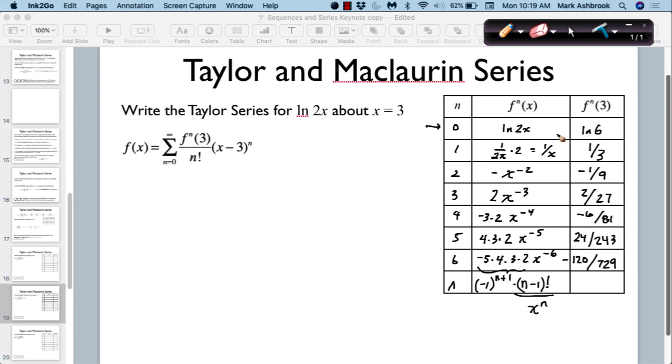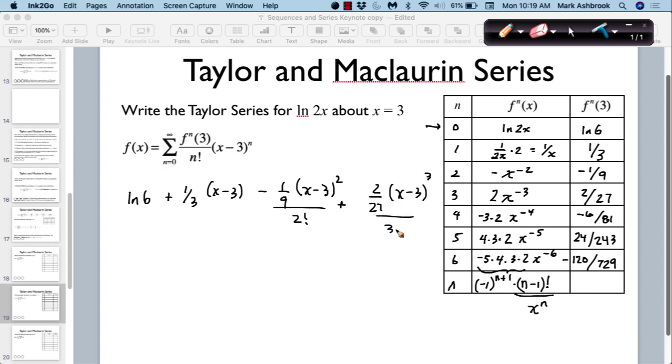So we're going to have to add that in separately. So what do we do? So ln of 6, 1/3 minus 1/9. Is this right?